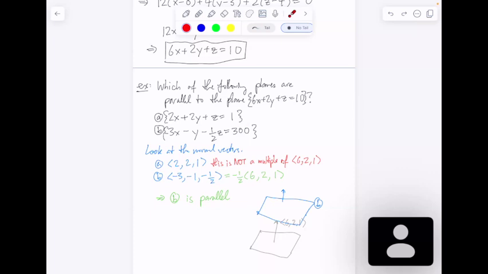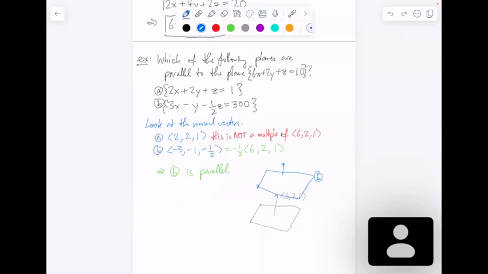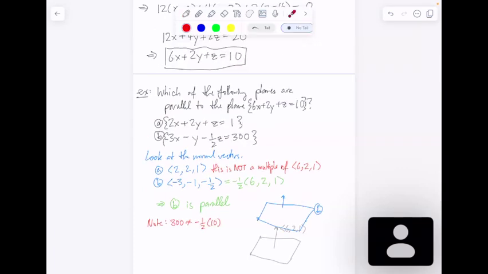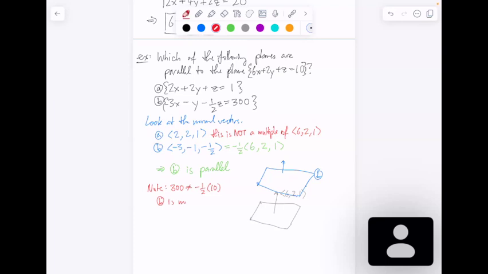But because these are not algebraically the same equation, their solutions are going to be different. So this is not exactly the same thing. Note that 300 is not equal to -1/2 times 10, which is the right-hand side of this. So B is not the same plane as previous, just a translation of it.